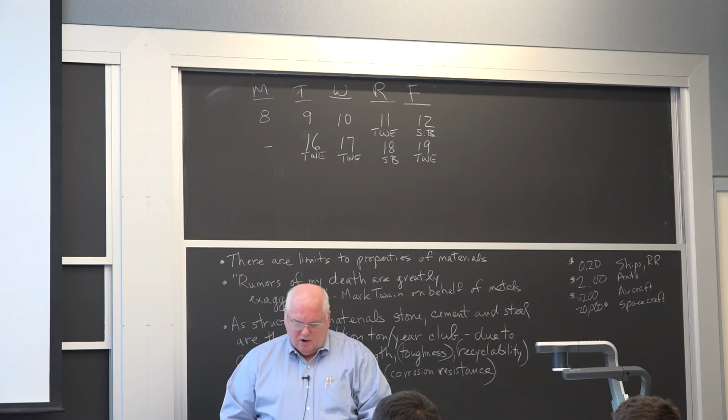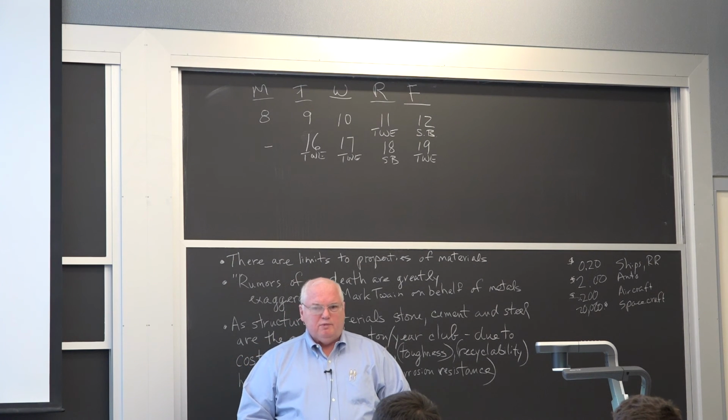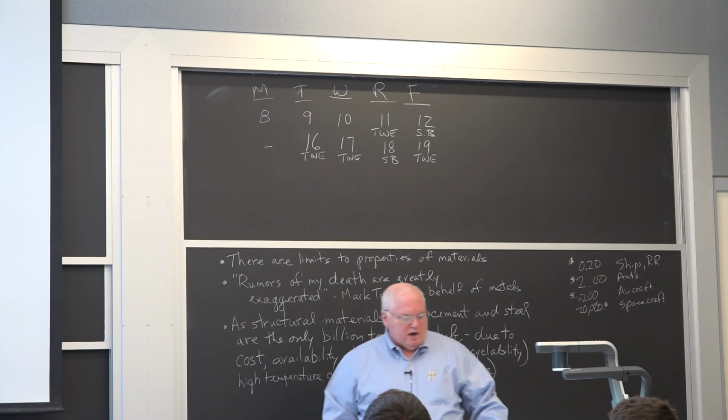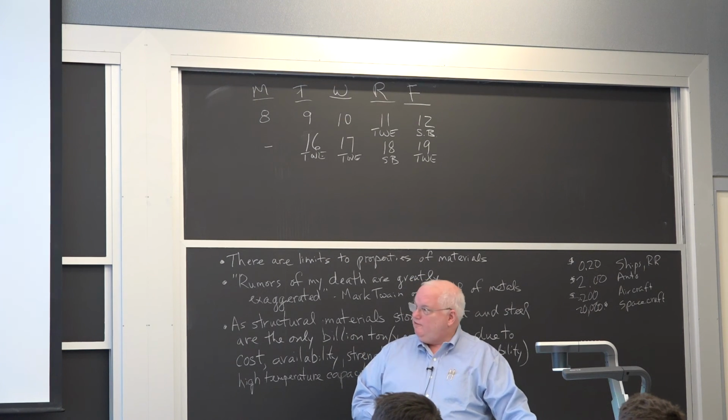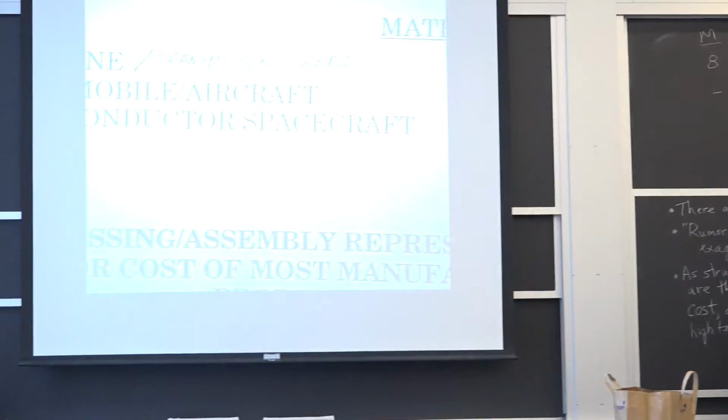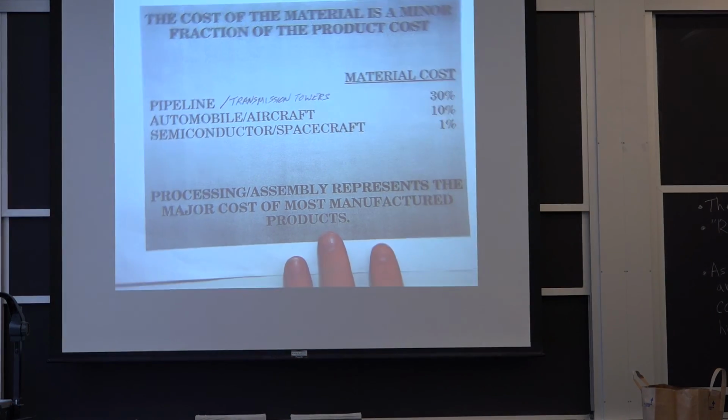Anyway, you can read that article about the price and availability of materials. And I talk about things. Did you know how important materials are in terms of manufactured product? Not very. Did you know what the value of materials is in a manufactured product?